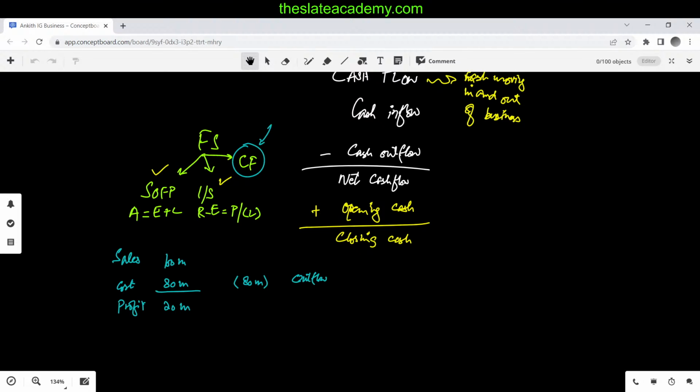So 100 million, the customers haven't paid me yet. So my cash flow position for this business would be that even though I am profitable, there has been a massive cash outflow. This profit wouldn't be of much use if this situation persists. I won't be able to continue with this situation where I'm earning profits, but my cash flows are negative.